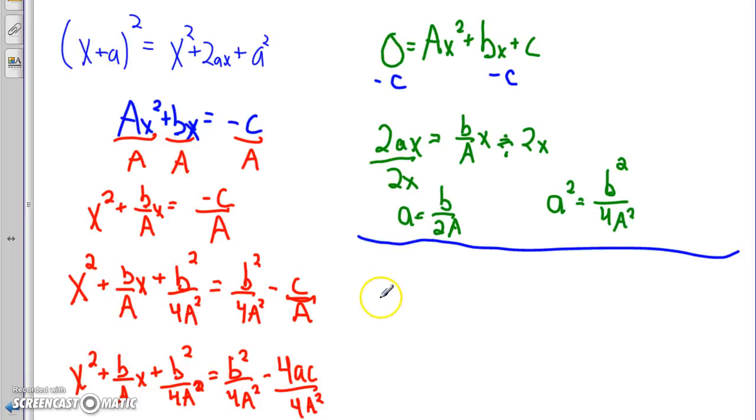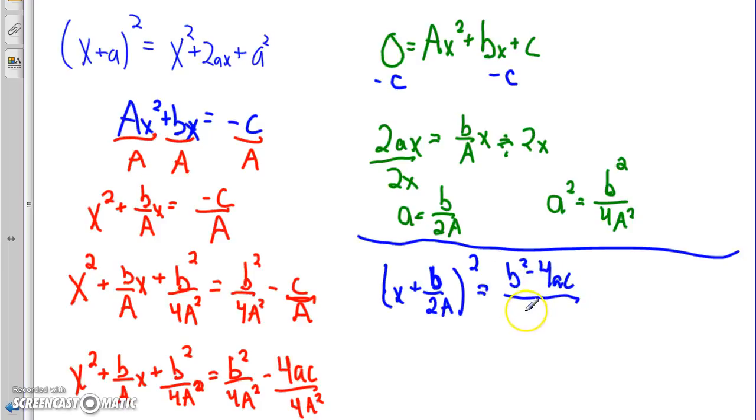So I have x plus b over 2a. Remember, that's what little a is equal to, b over 2a, squared is equal to, if I clean this up, I can just combine these now because they have like terms. So I have b squared minus 4ac over 4a squared.